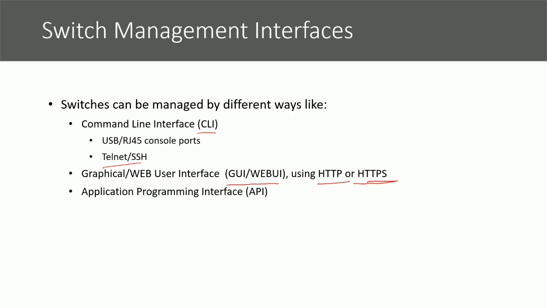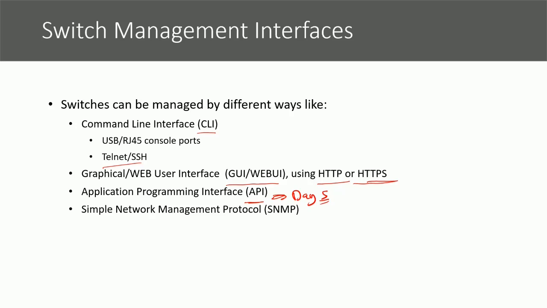Cisco switches can be managed also using Application Programming Interface or API, and this will be discussed in day 5 when we talk about automation and programmability. There are other protocols to manage Cisco switches, for example SNMP or Simple Network Management Protocol, and we will discuss this protocol later in this course.